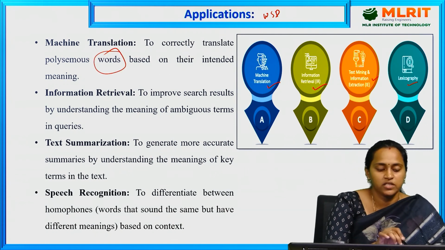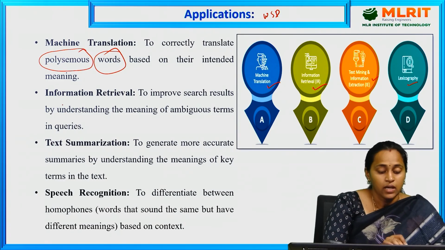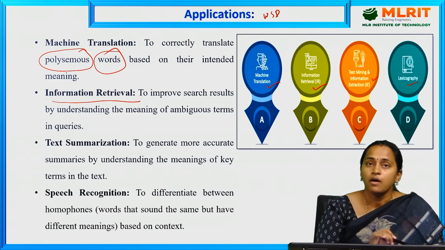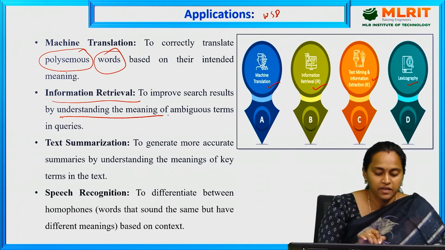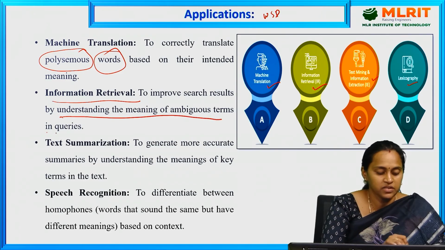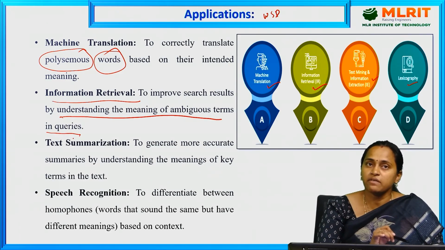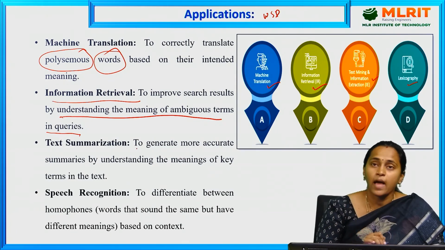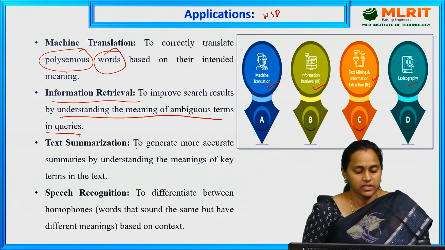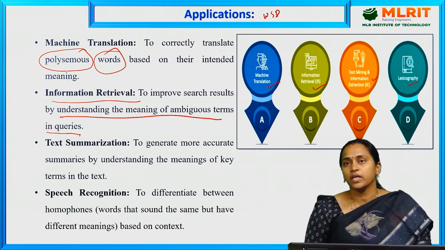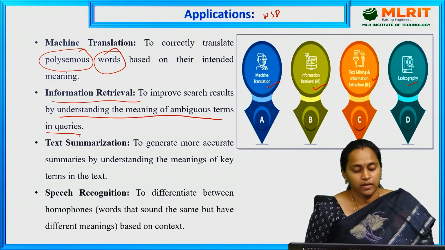That means polysemy means multiple meanings. Then next, information retrieval: to improve search results by understanding the meaning of ambiguous terms in queries. Information retrieval means we can retrieve information by understanding the ambiguous terms in queries. In a query manner, we can give instructions to the database.